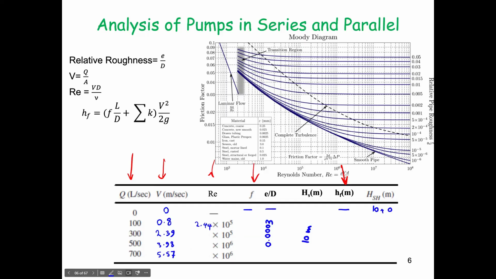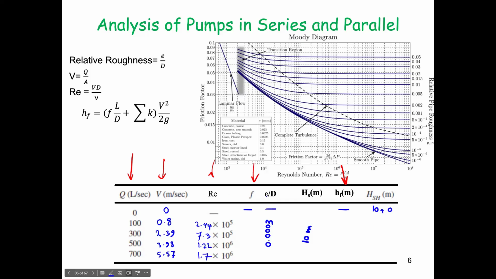We had 7.29. Levi, what's your Reynolds? 1.215. Tracy, do you have the same? The same.